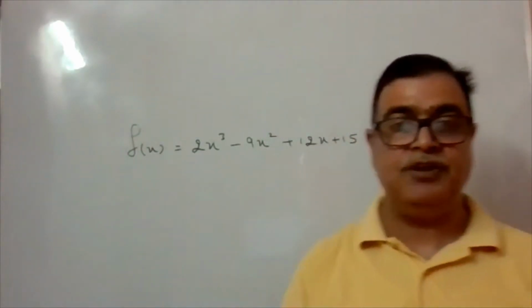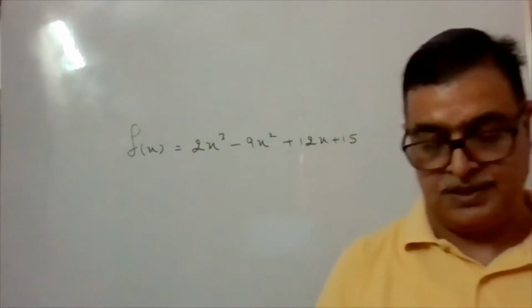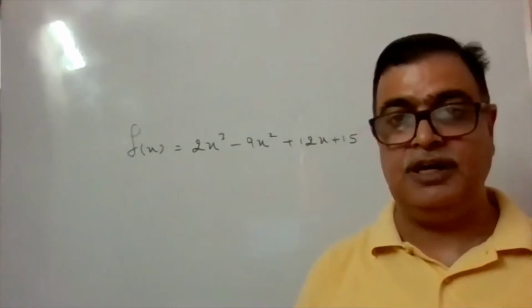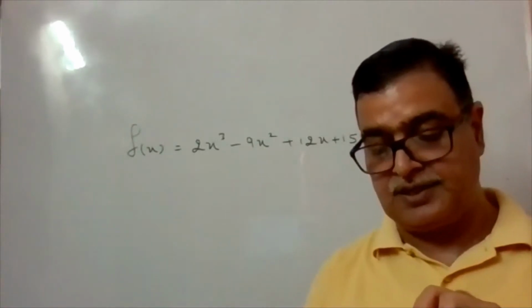Find the interval where it is increasing, where it is decreasing. This is the question we have. My question is, find the interval where this function is increasing, where this function is decreasing.